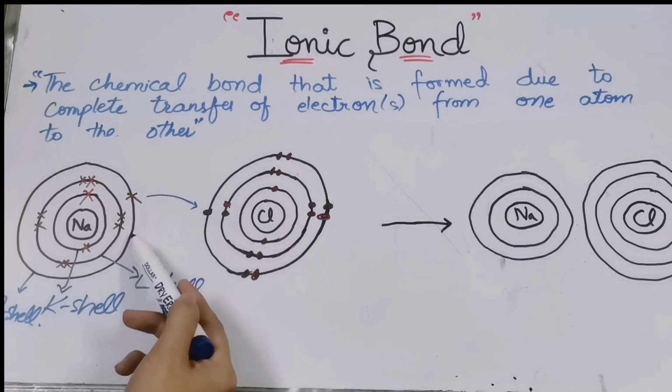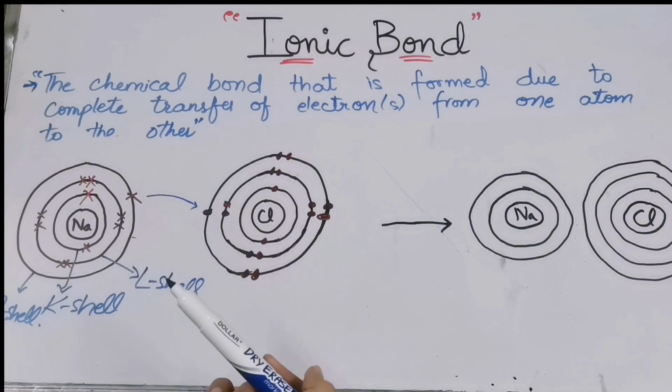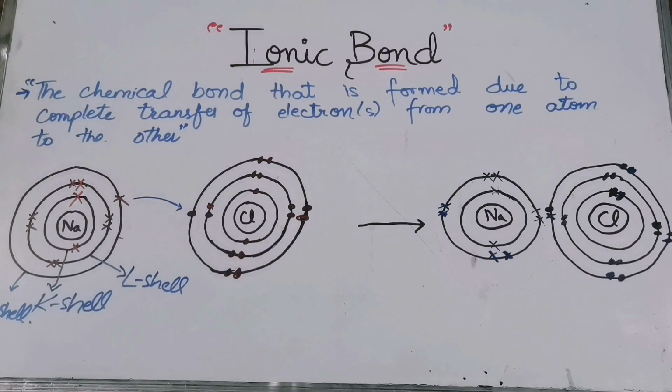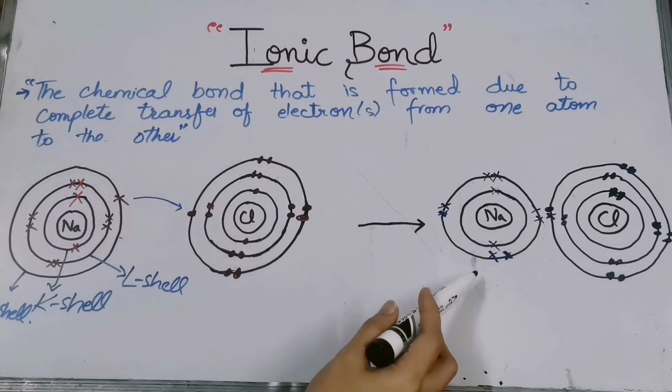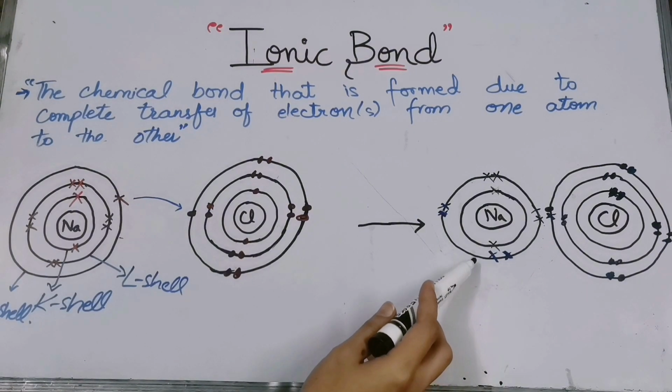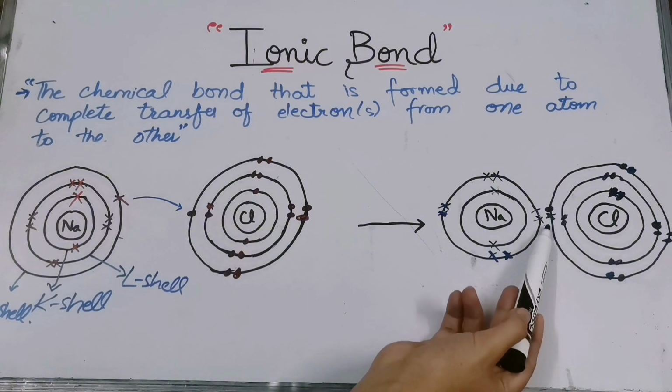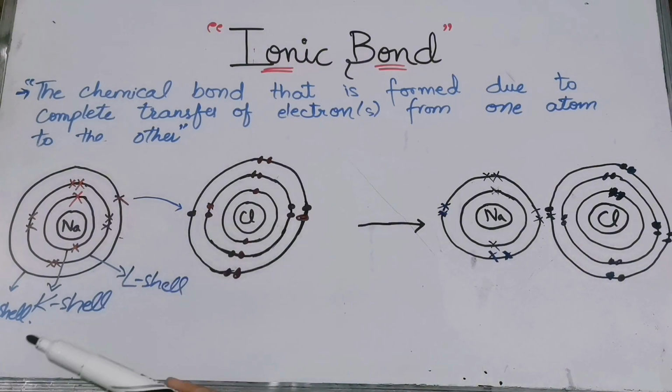So, sodium after losing 1 electron will attain the noble gas electronic configuration, and chlorine after gaining the electron will attain the noble gas electronic configuration. See over here, the sodium lost its 1 electron and now it has 8 electrons in its valence shell, and after accepting the 1 electron of the sodium, the chlorine also has 8 electrons in its outermost shell.